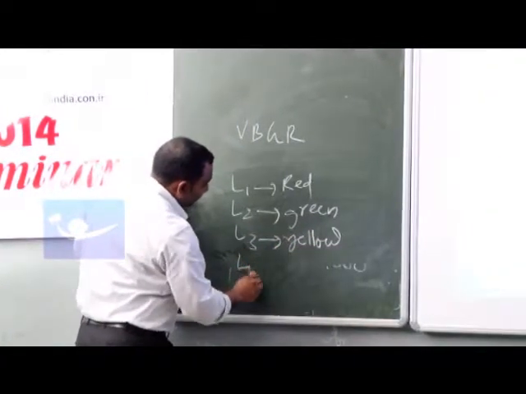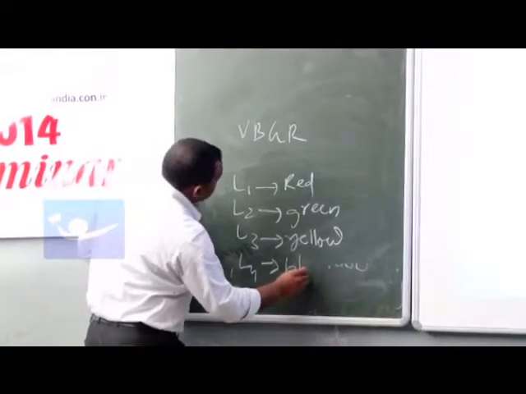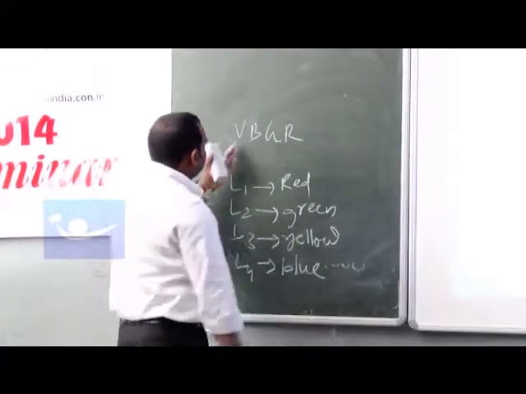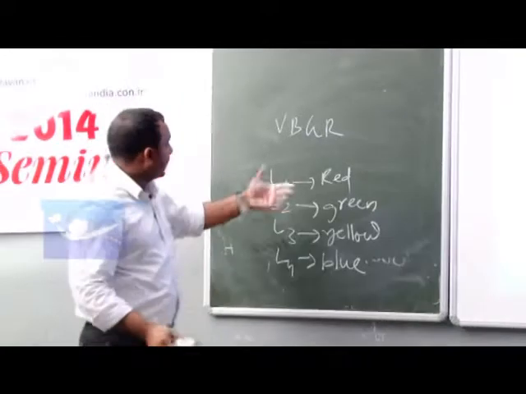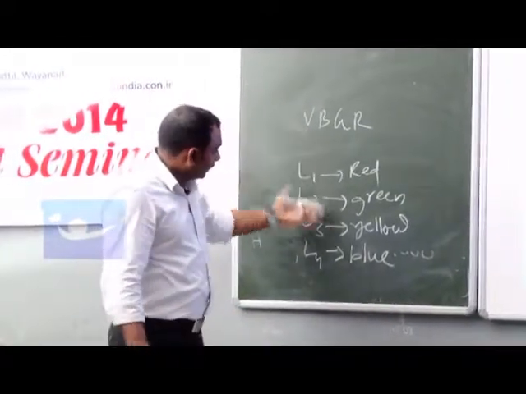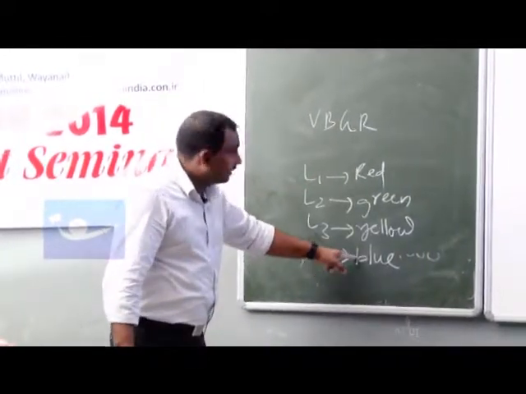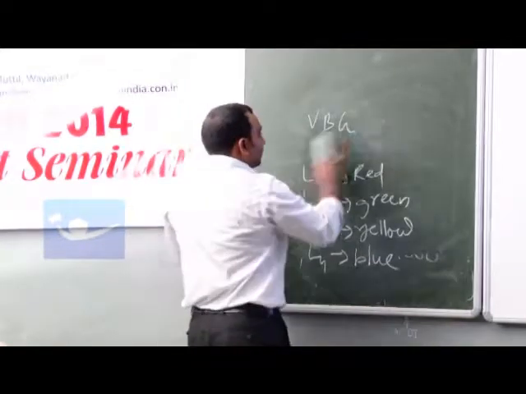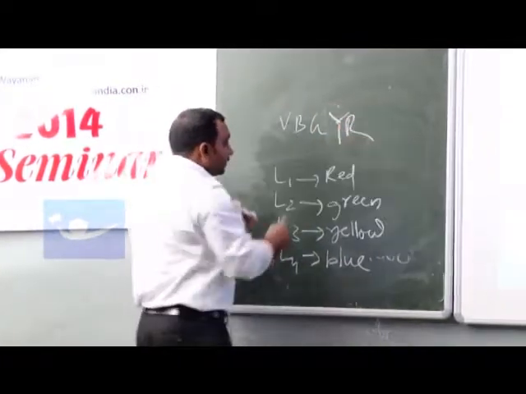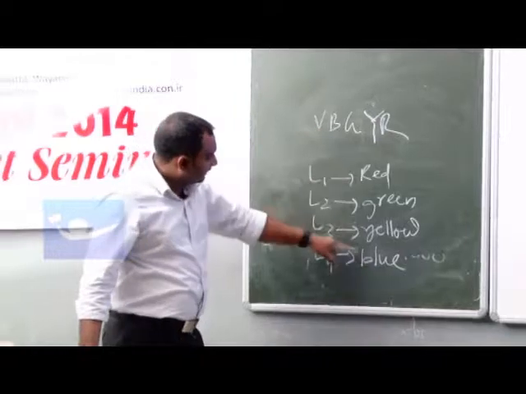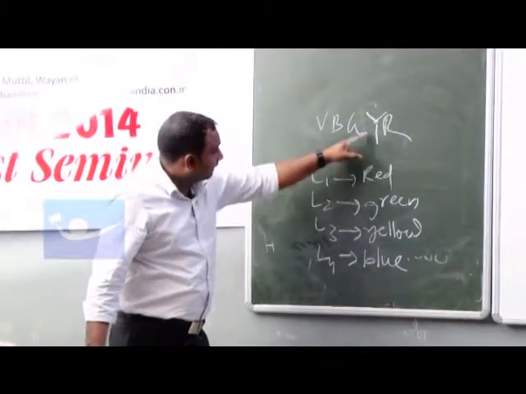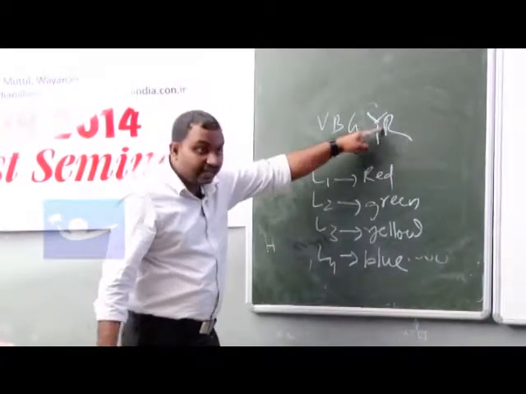Then L4, blue. So which one is having more energy out of all this? Blue is having more energy. Then blue, after that green, after that yellow, after that red.